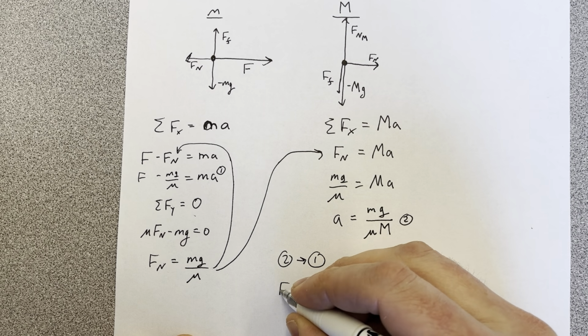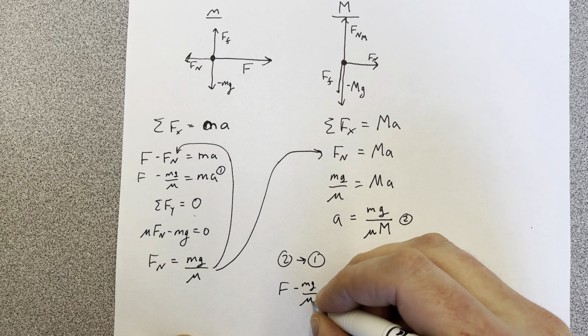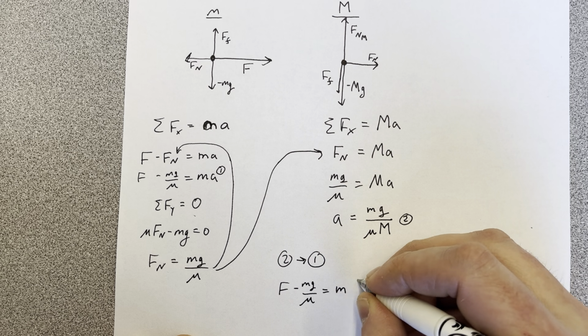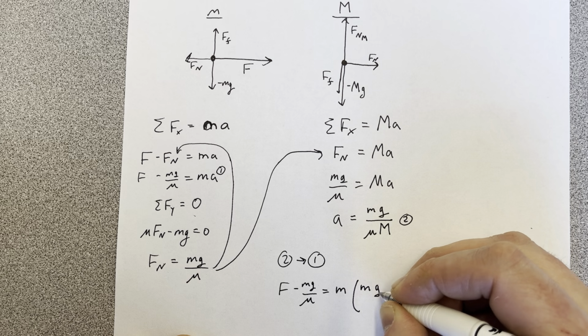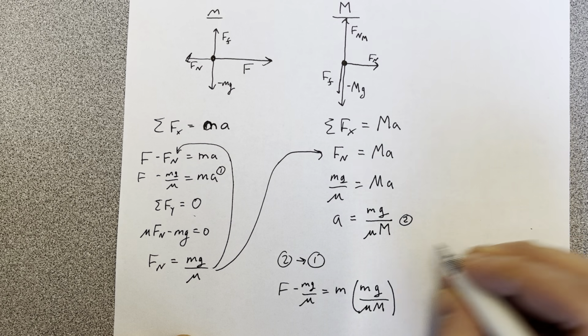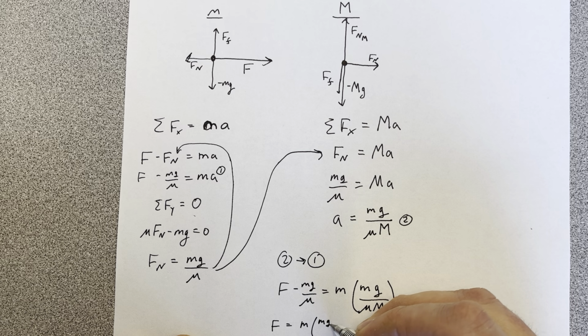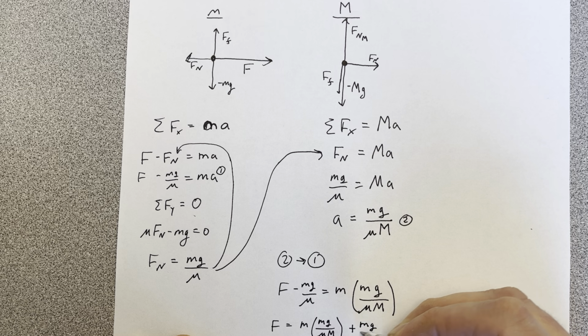All right, so F minus mg over mu equals little m times little mg over mu times big M. All right, so bring this over to that side, so we get F equals little m times little mg over mu times big M plus little mg over mu.